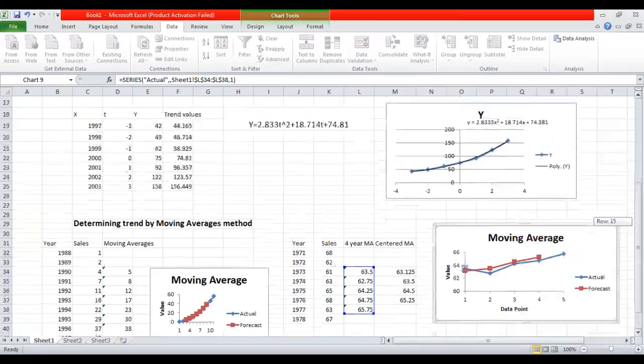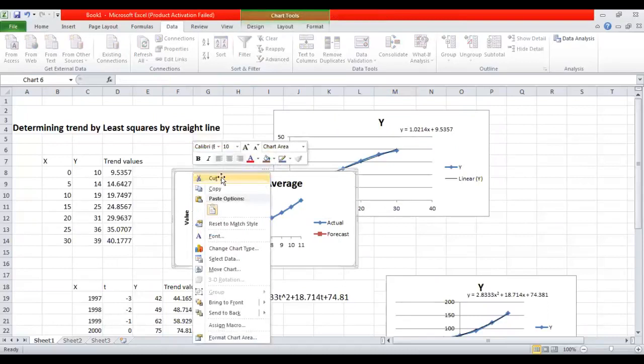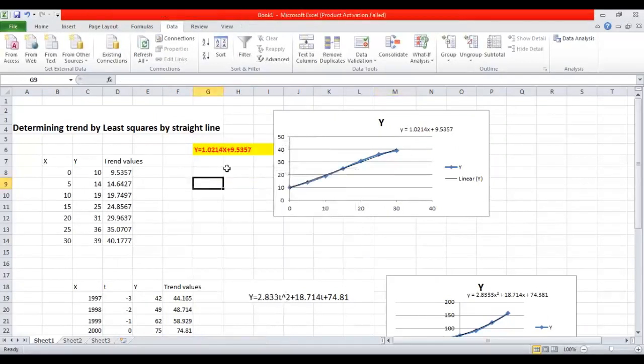Today we have discussed the trend values by the least squares method, where we have done the straight line and parabola also. For the straight line equation, from the given values, first go to scatter, insert scatter, then from the scatter plot, select any type of chart, right click on any point, then click on add trendline.